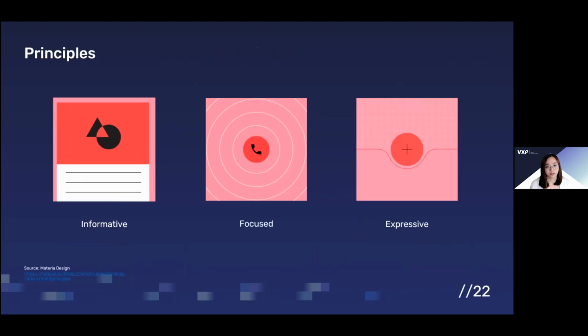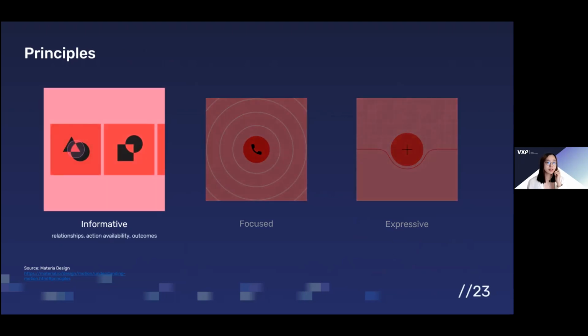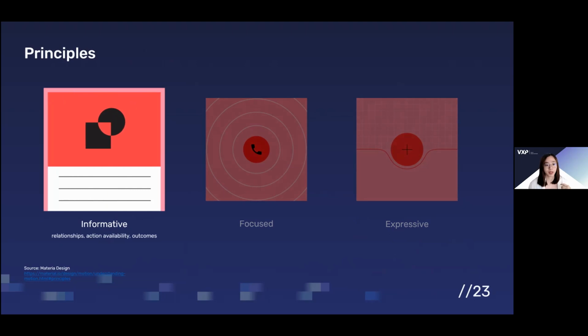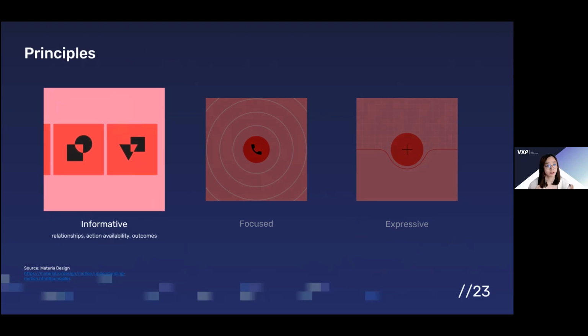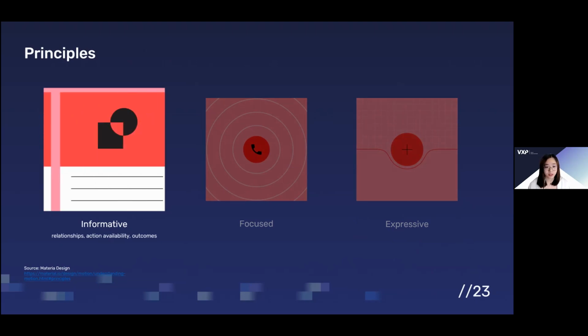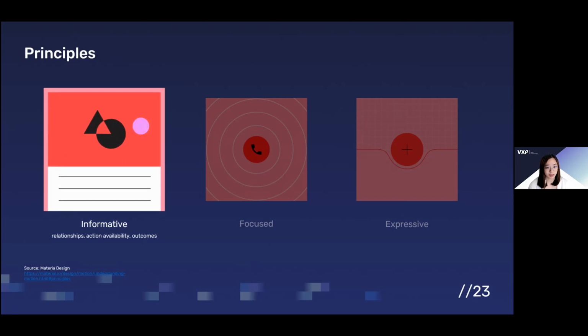And now we can extract some general principles. So the first one is informative. It aimed to notify the user of the change of the element, for them to catch the new information easier. So motion design informs the user by highlighting relationships between elements, action availability, and action outcomes.